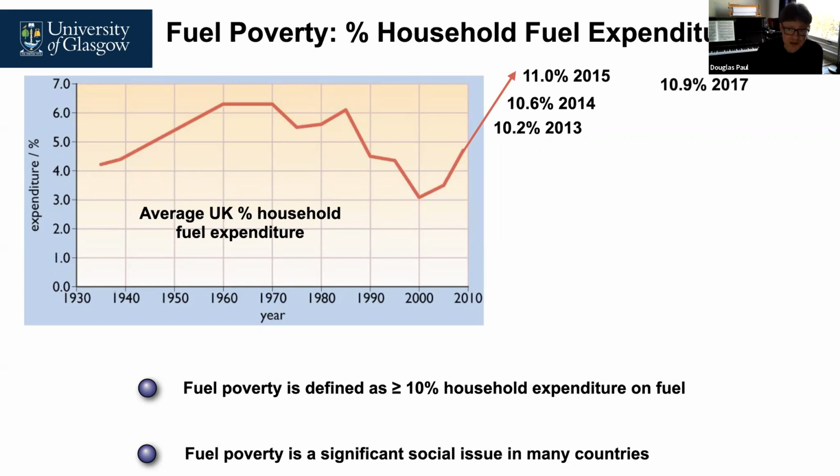And in fact, the last available data, there's always a bit of time lag in the fuel poverty data, you can see that since about 2013, it's been above 10%. And fuel poverty here is the average UK percentage household expenditure just in fuel. So when it gets above 10%, then that's considered to be many people are in fuel poverty.